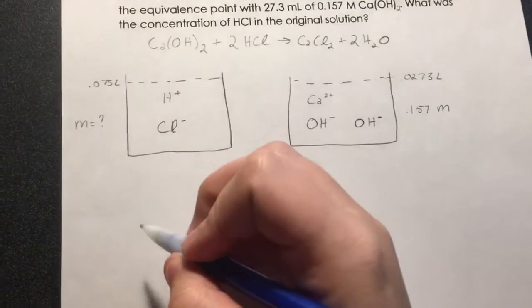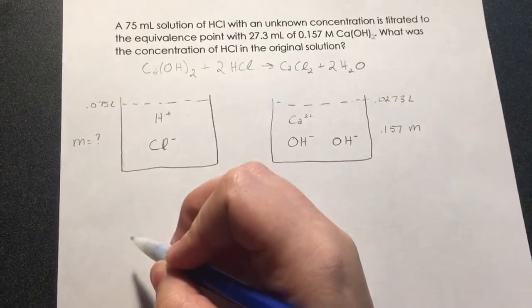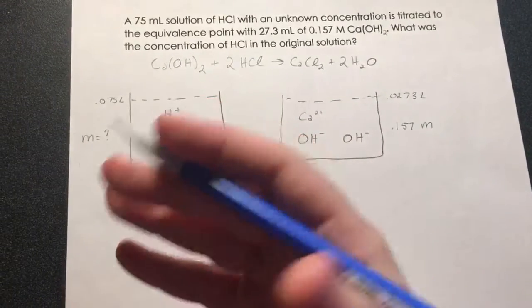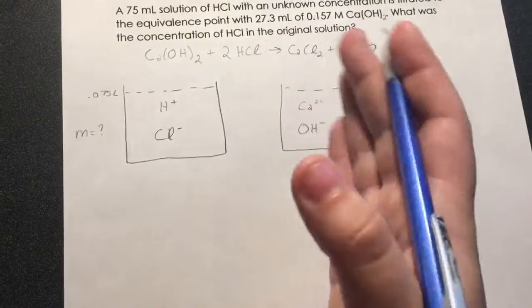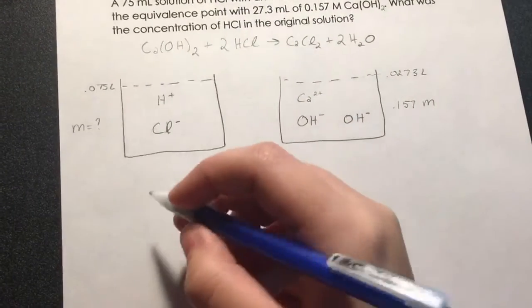We know that the concentration times volume will give us the moles. So we can find out the moles of the Ca(OH)2.